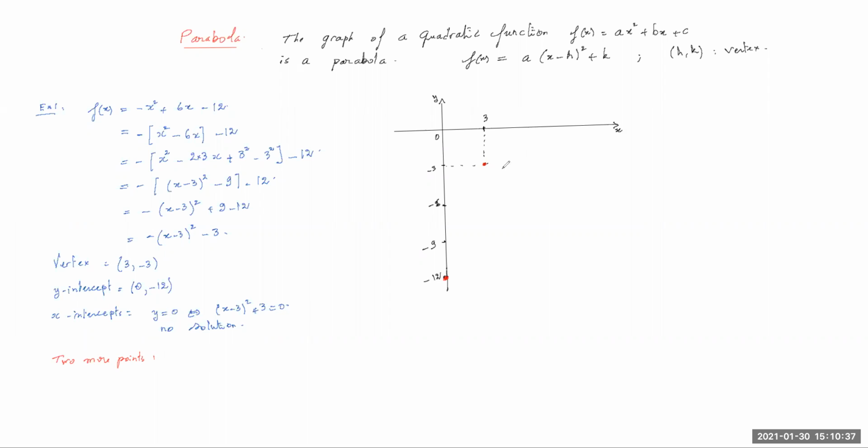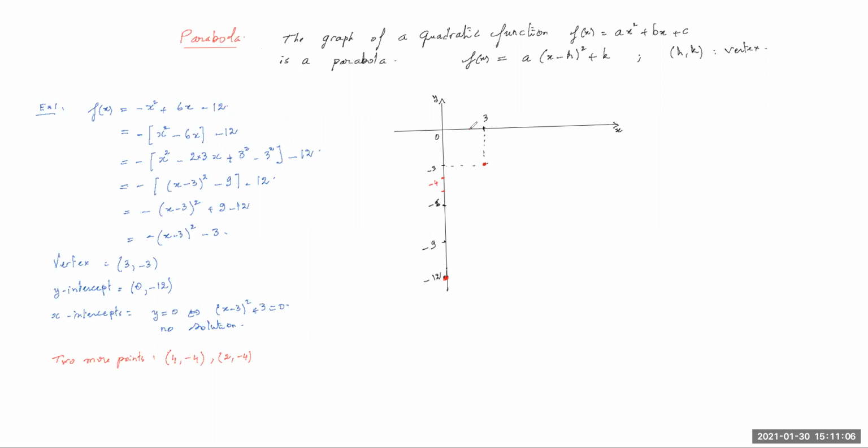I could stop, but I prefer to add two more. I will choose 4. If I substitute 4 here, you have (4 minus 3) squared, which is 1, so minus 1 minus 3, it's minus 4. If you move 1 unit left of 3, it's 2, and you will get the same value, minus 4.